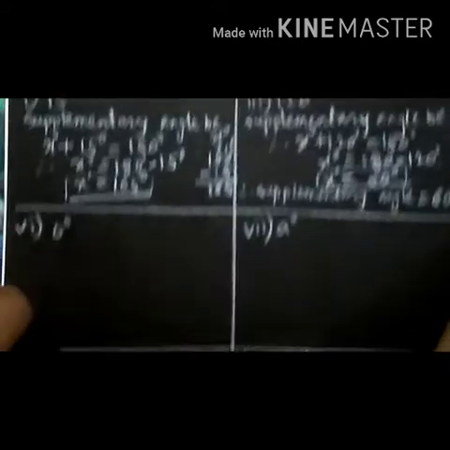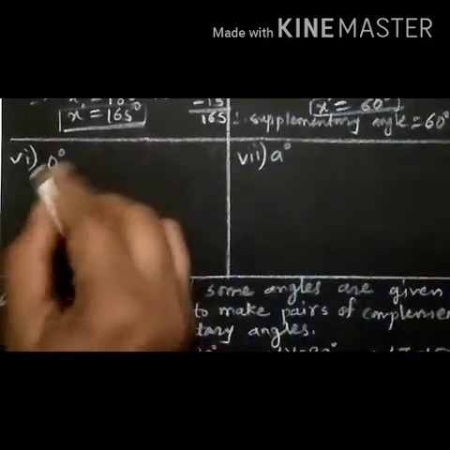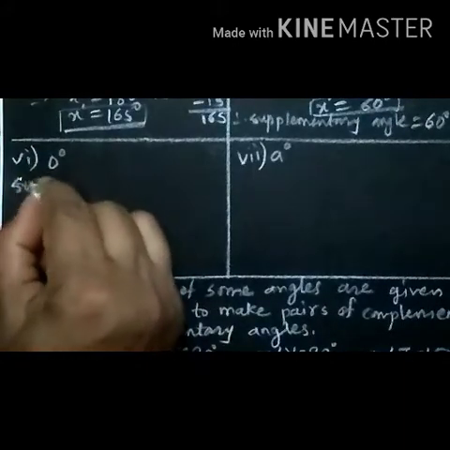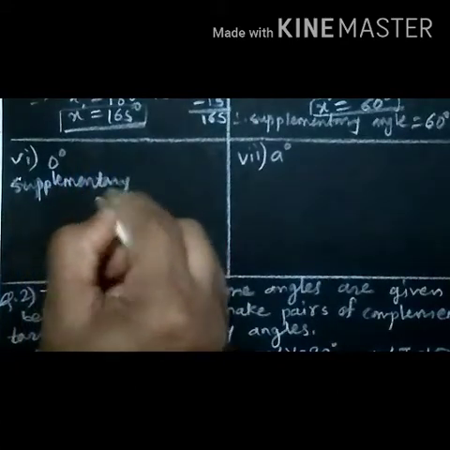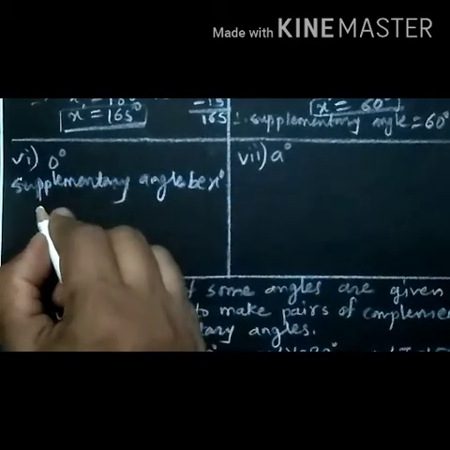Now let us see the next example number 6, that is 0 degree. We have to find its supplementary angle. So consider the supplementary angle to be x degree. Therefore the addition of these two angles is 180 degree.